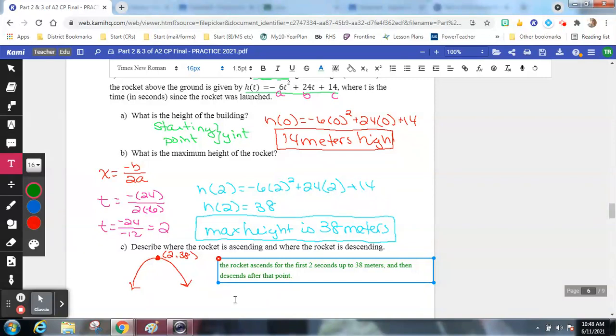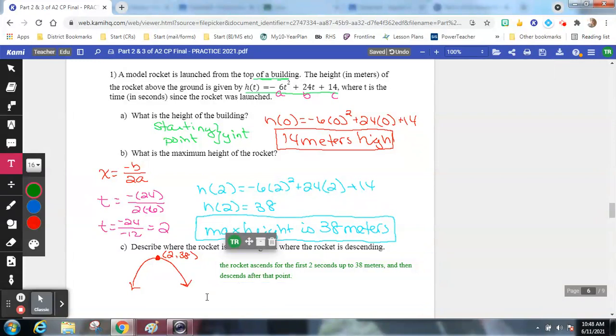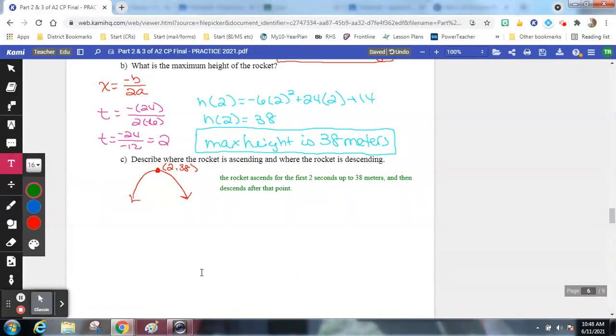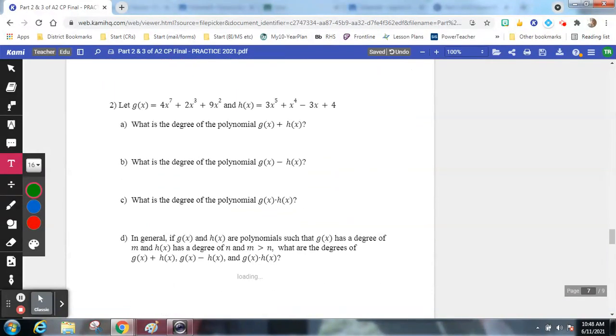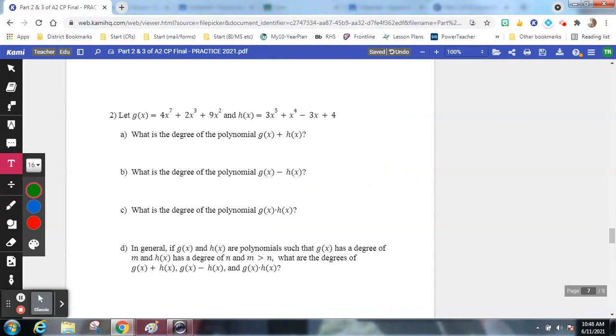Okay, so you're just saying it's going up for the first 2 seconds until it hits that maximum height, and then it descends after that point. All right, so that's your first question. 10 points right there.